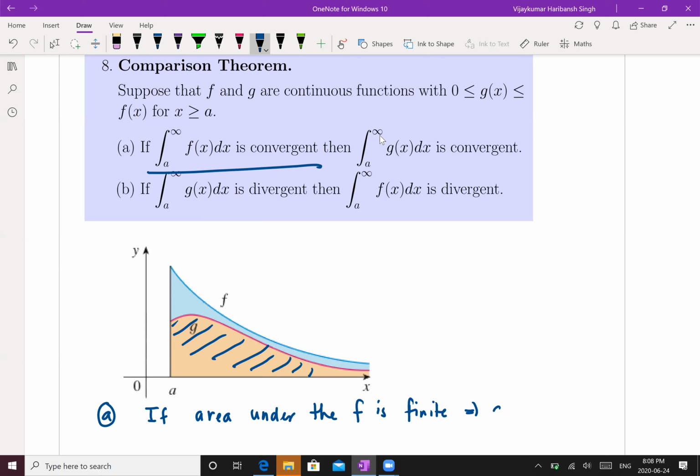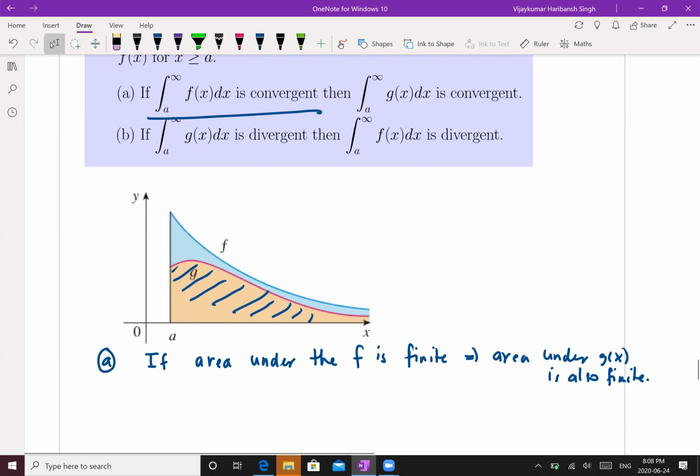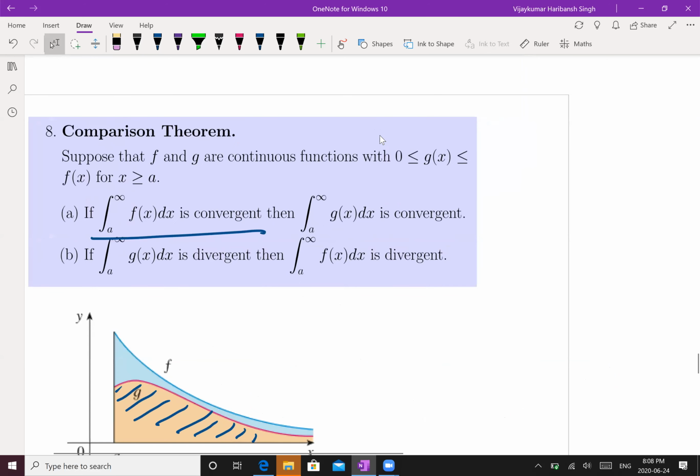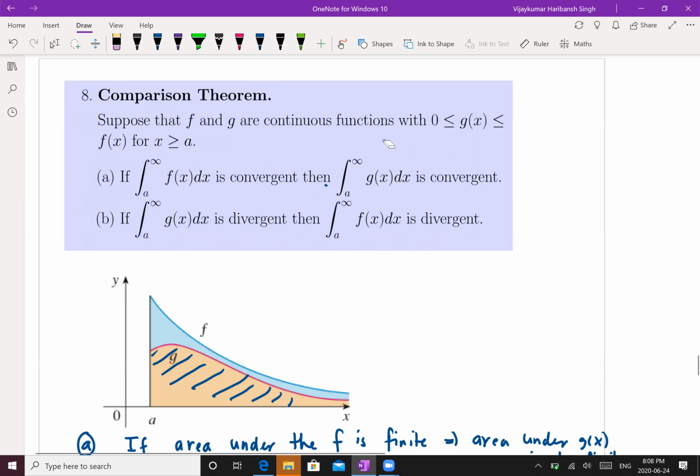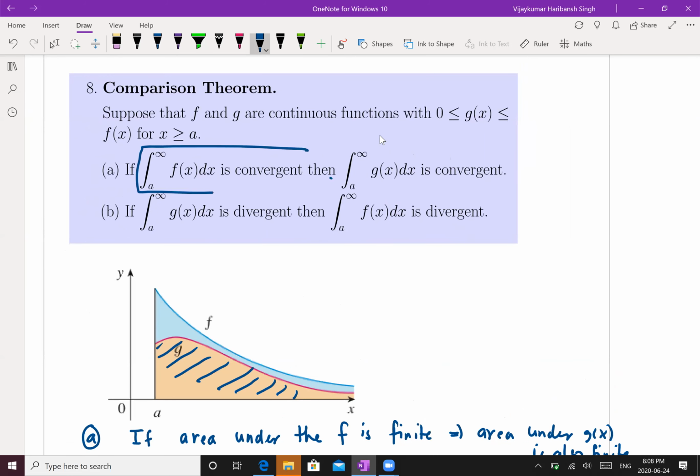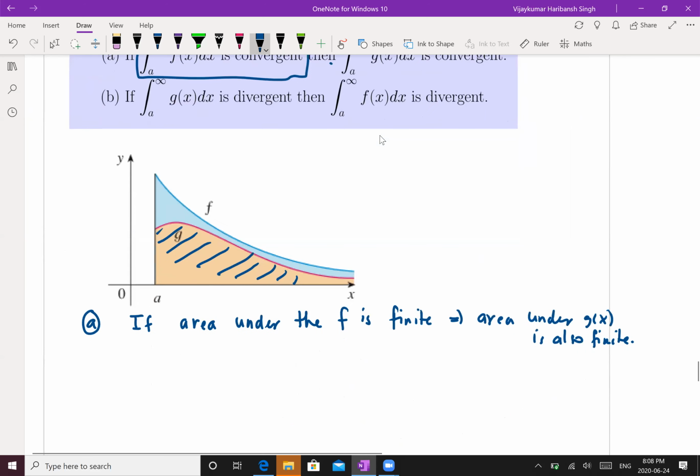This implies the area under g of x is also finite, right? So that means if the integral a to infinity of f of x dx converges, then the integral a to infinity of g of x dx also converges. So if this improper integral, the bigger one, converges, then the smaller one, which is dominated by this, also converges.